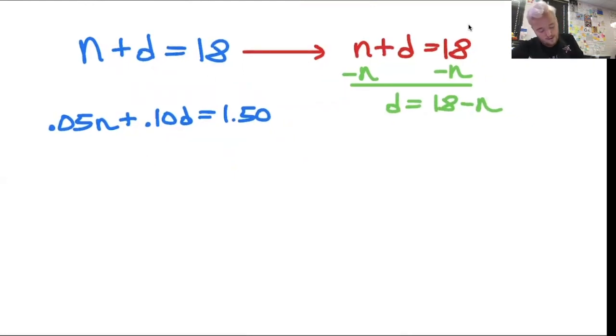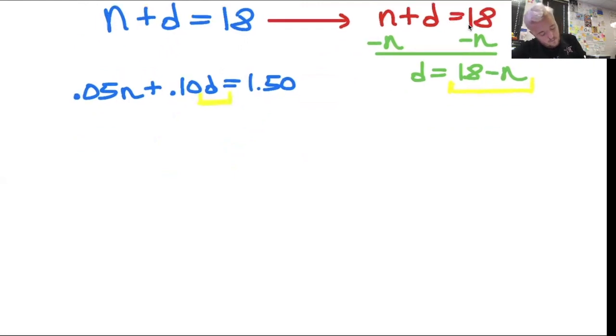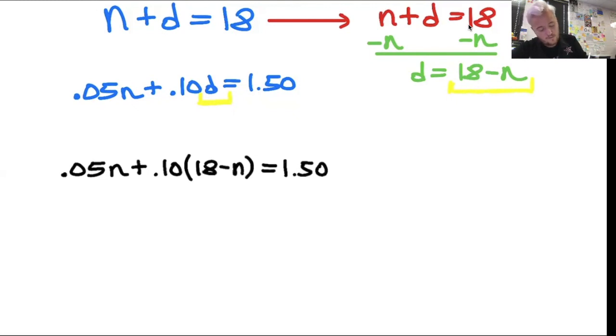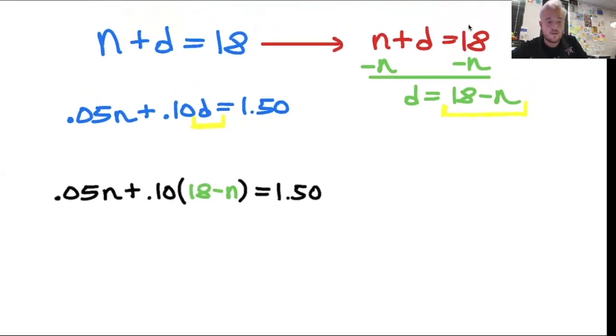I'm going to take 18 minus N and sub it in for my D value in my other equation. So I'm going to have 0.05 N plus 0.10 times 18 minus N equals 150. The 18 minus N is what's being substituted in.